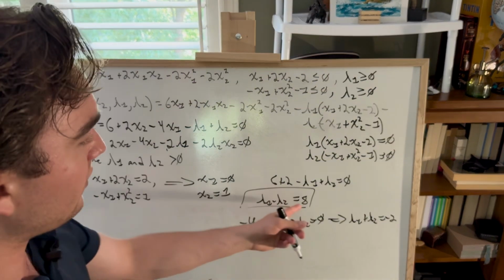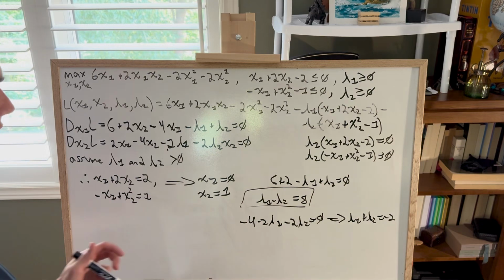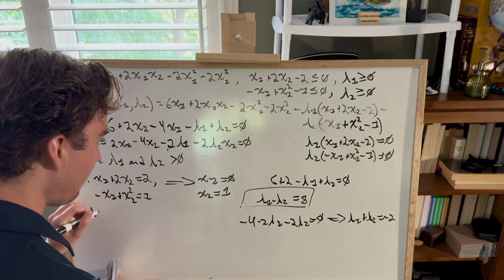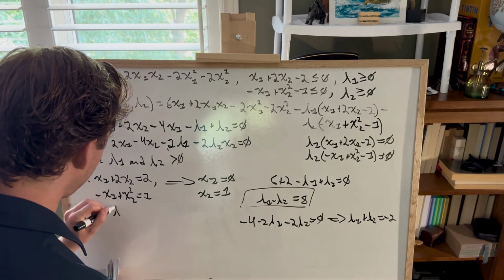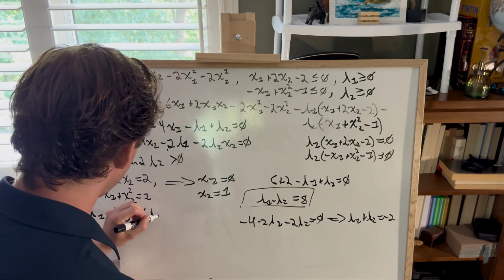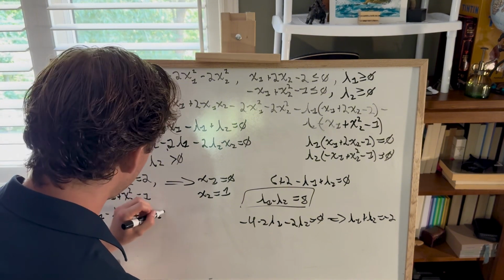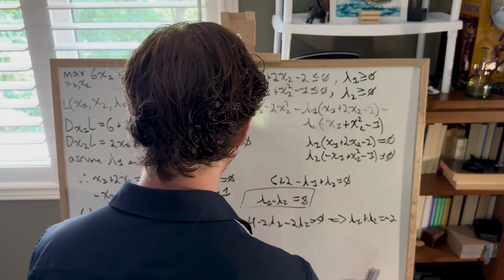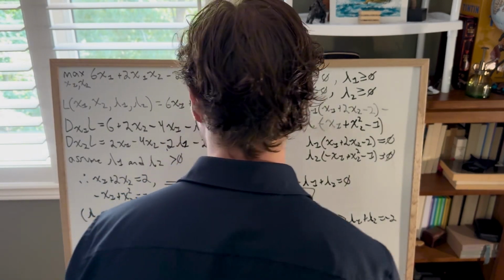So if we know this equals 8 and this equals less 2, then we're going to add them together. So Lagrangian 1 less Lagrangian 2 plus Lagrangian 1 plus Lagrangian 2 equals 8 plus less 2.